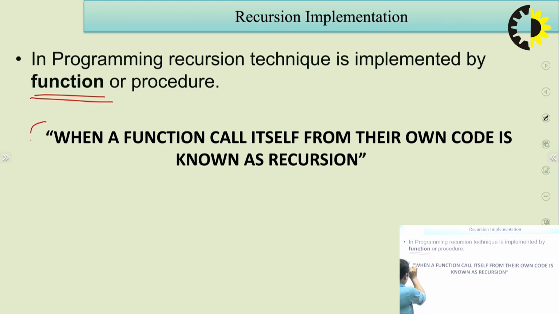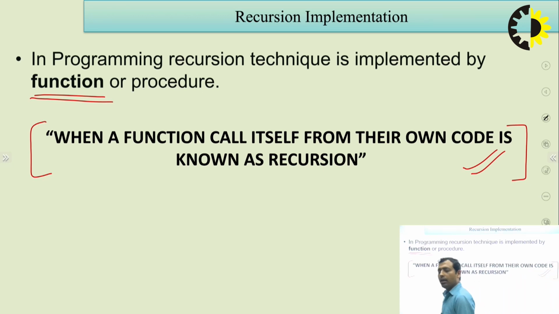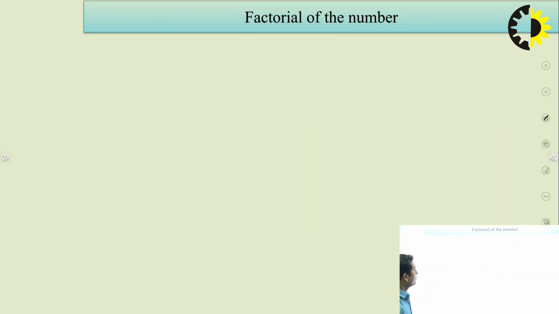This is the definition with respect to the programming approach: when a function calls itself from its own code, it is known as recursion. This can be direct or indirect calling.